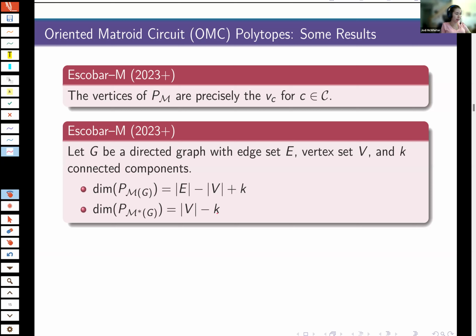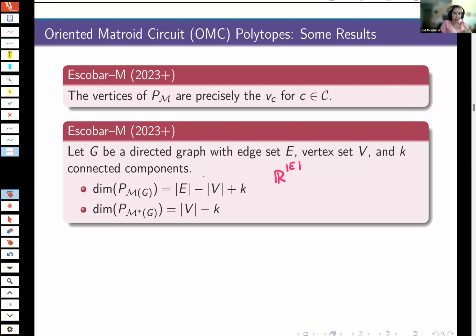So if you give me a graphical oriented matroid, I can give you the dimension. One of the cool things about this dimension is they're complementary dimensions. They're both going to live in R to the number of elements, the number of edges in the graph.